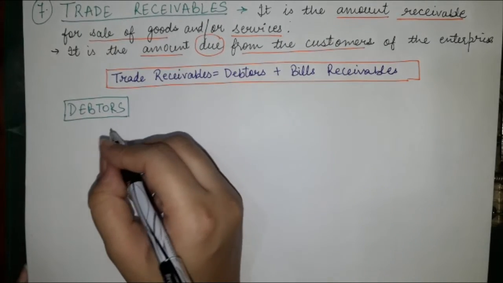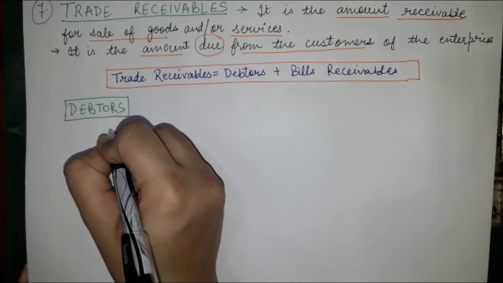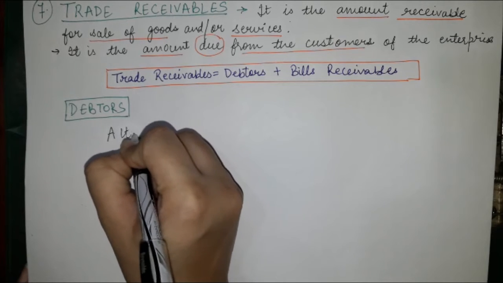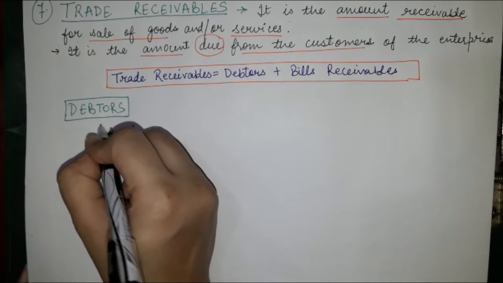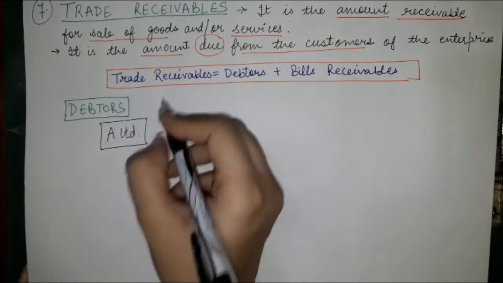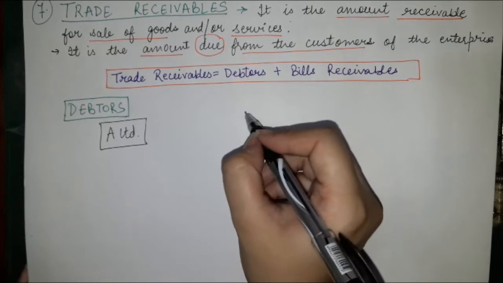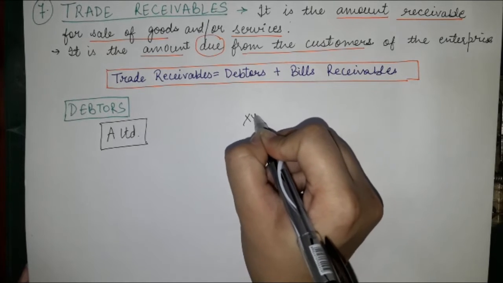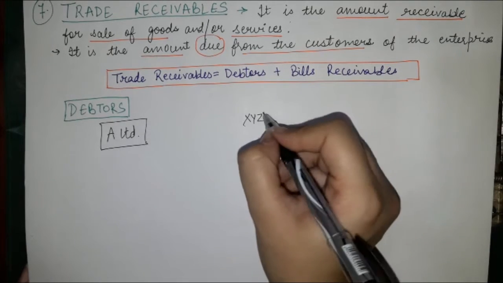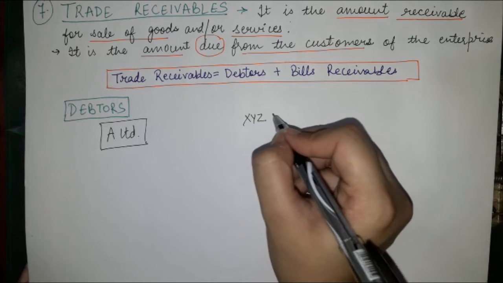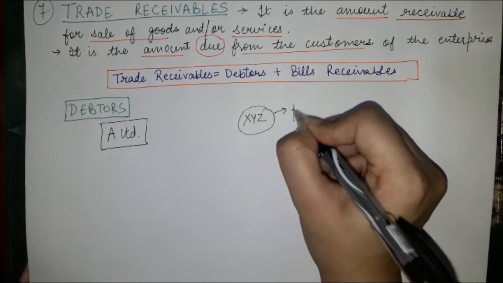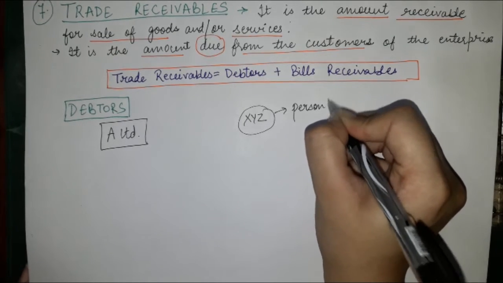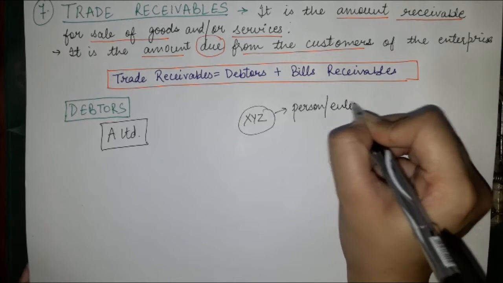In the beginning of the chapter we started with a person named A. So this person has a business A Limited, right? ये इनका business था. Now for example there is some person, say XYZ. This can be a person also, or maybe an enterprise, a company.